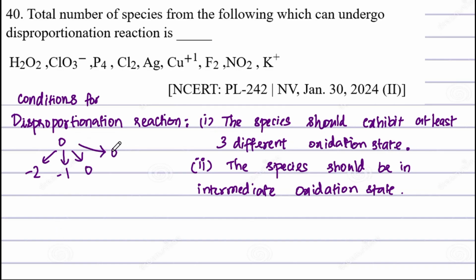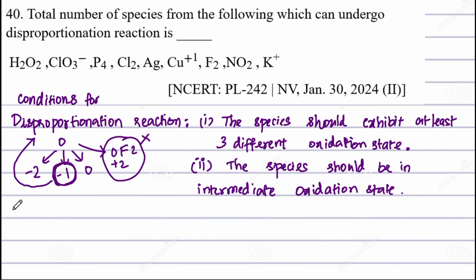And in OF2 compound, it exhibits +2 oxidation state also. So it is having at least 3 different oxidation states. So only in compound OF2 it is having +2 oxidation state. Let us not see that. So it is having 3 different oxidation states, and only when it is present in the intermediate oxidation state, then it will show the disproportionation reaction. So this is the condition.